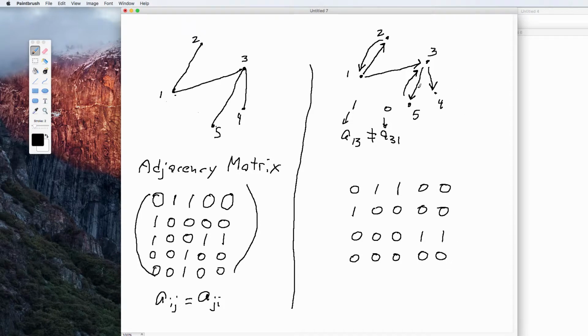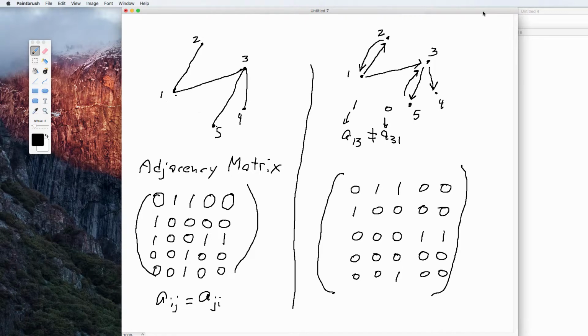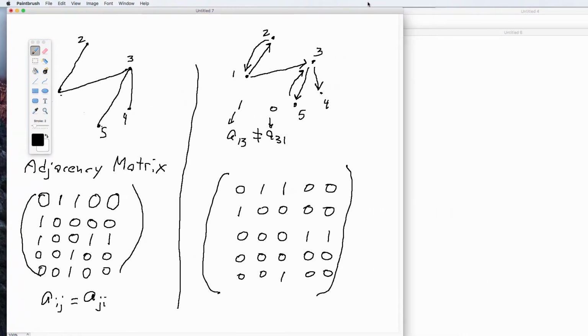And now from 5, it looks like I can go back to 3. So over here, this is the adjacency matrix for this graph over here. Everybody okay with that?